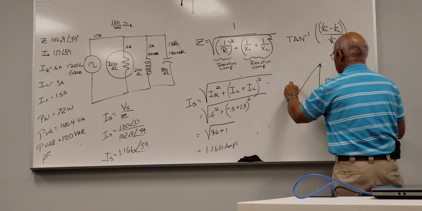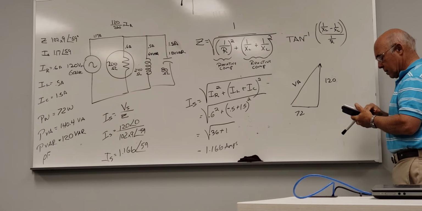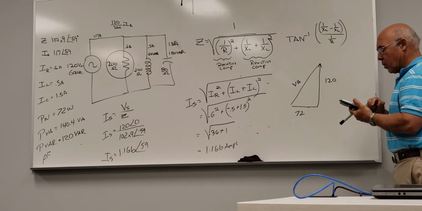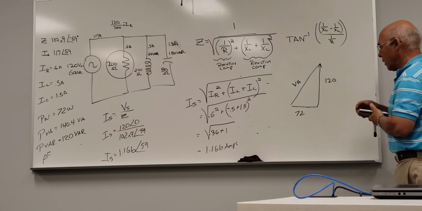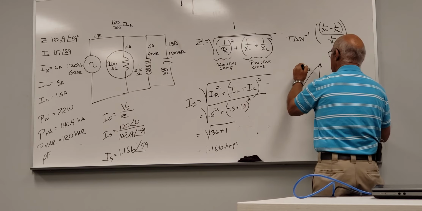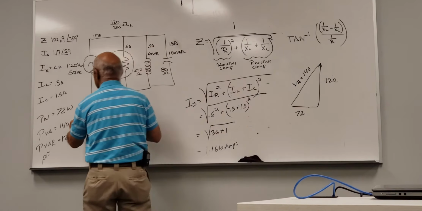If I take the square root of 72 squared plus 120 squared, I get 139.94, or 140, which is exactly what we already calculated right here.